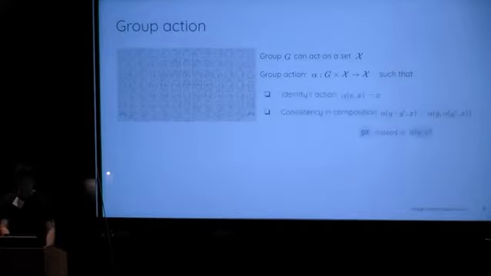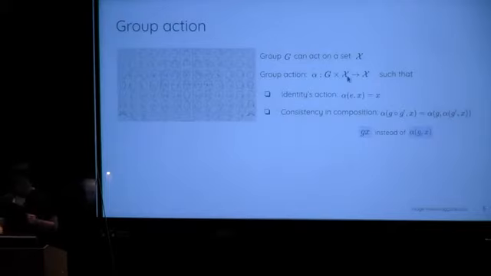One is that the action of the identity element should be the identity function. And the other one is that the composition of the group actions should be the same as the action of the composition of the group members, okay?